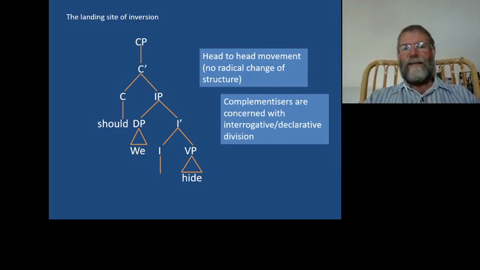So it makes perfect sense that if we have a process involved in forming an interrogative clause, that process is going to involve the complementizer phrase and the complementizer head specifically. So this analysis seems to work. The question is, do we have any direct evidence other than these theoretical considerations that we've looked at here? Is there any direct evidence that this is actually what is going on?